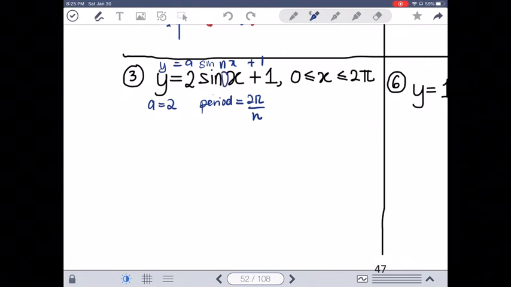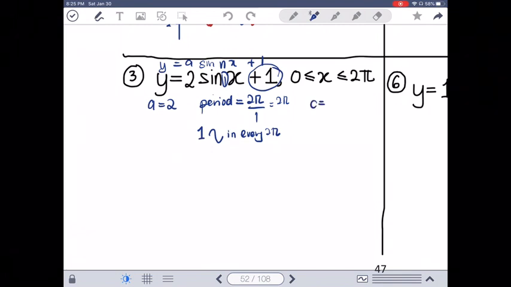In this case, our n is equal to 1. So 2 pi over 1 is just equal to 2 pi. So one cycle in every 2 pi. And then we have a shift here. C is equal to 1. So it means that we shift 1 unit up. Okay.